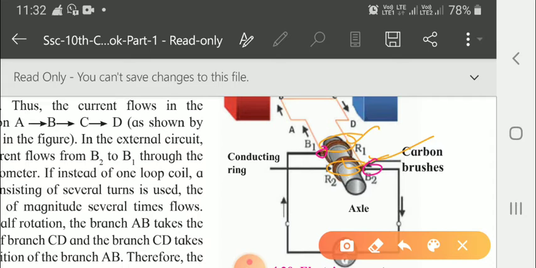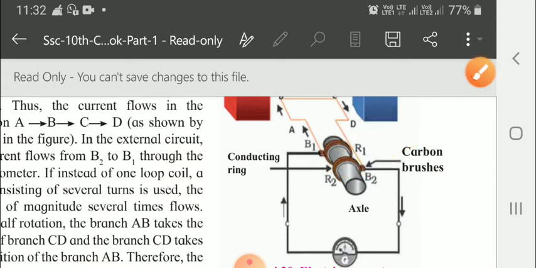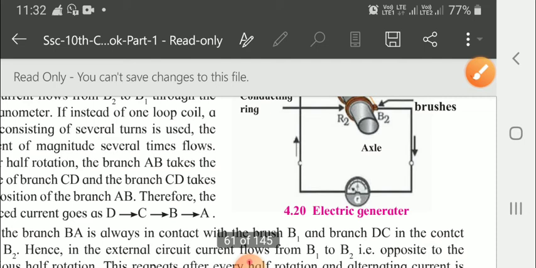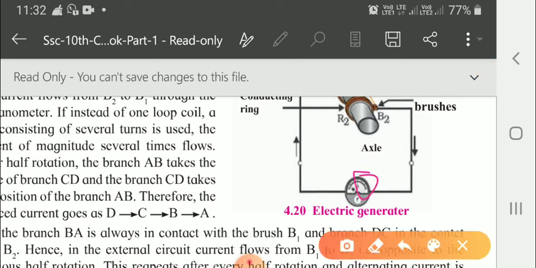When it is rotating, the branch AB goes up and the branch CD goes down. That means when this wire is rotating as a coil, this change occurs. Here the galvanometer is put, and this is the outer wire, showing how the electric current is flowing. According to Fleming's right hand rule, electric current is produced in the branches AB and CD.